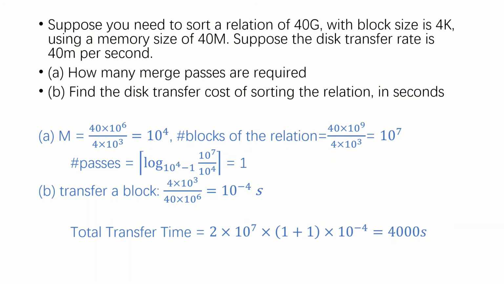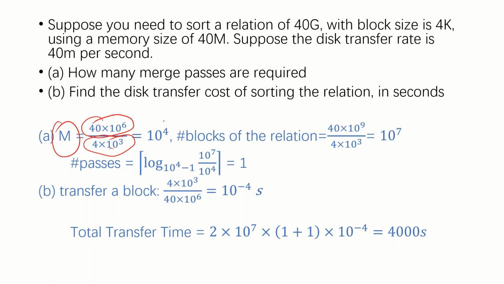Firstly, we want to calculate the value of M. M is the number of blocks that are able to fit into memory. Your memory is 40 times 10 to the power of 6, and my block size is 4 times 10 to the power of 3.